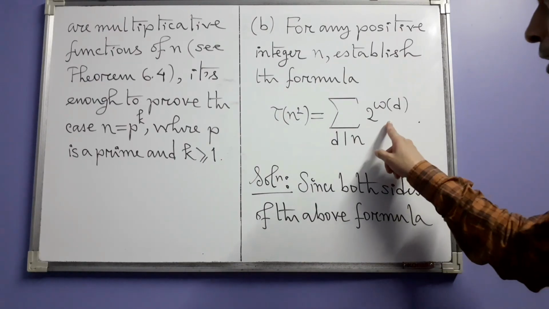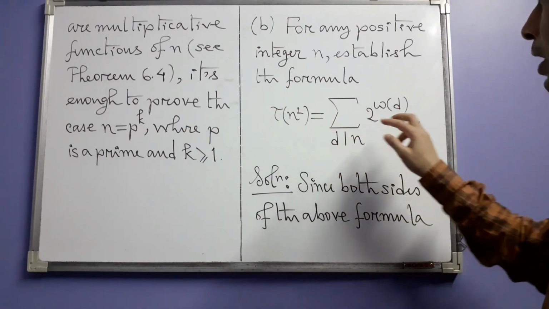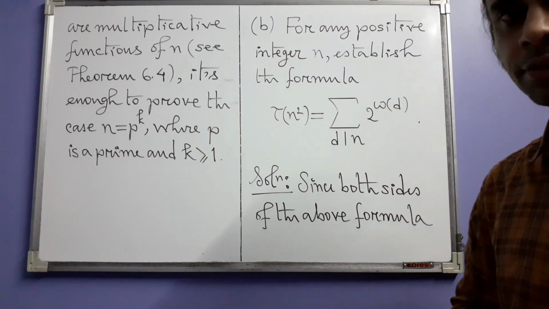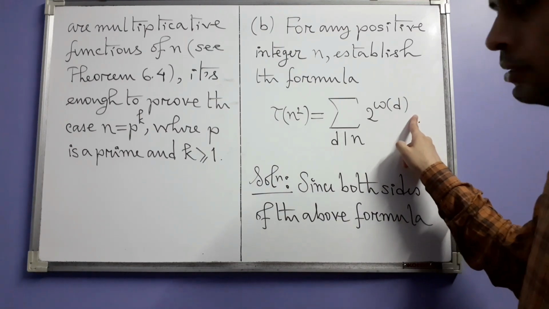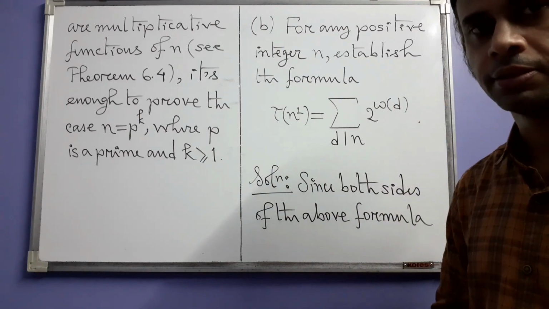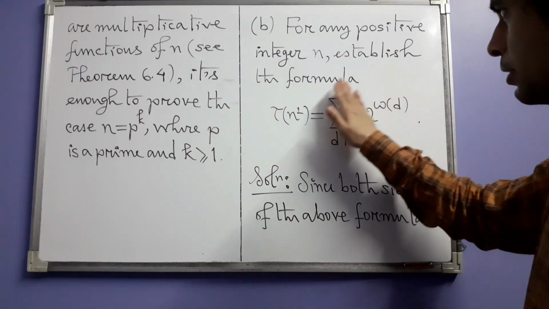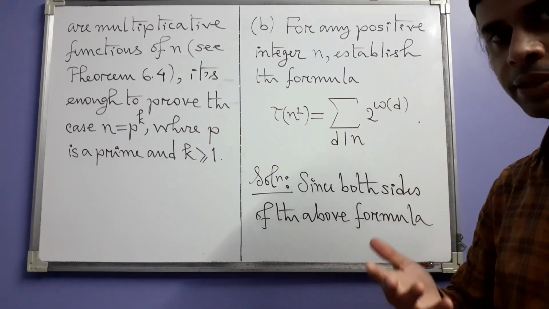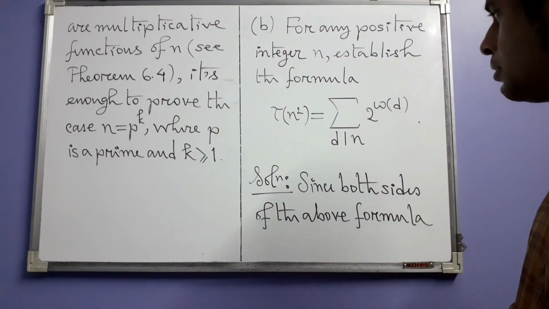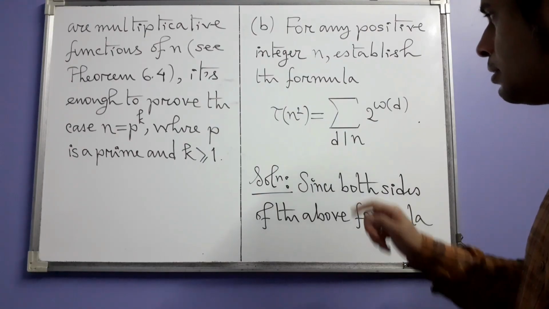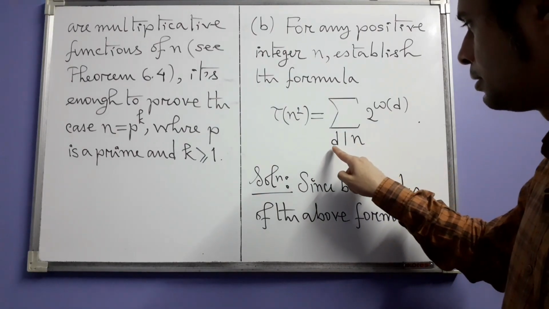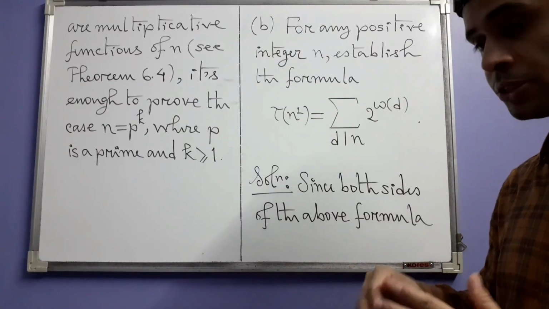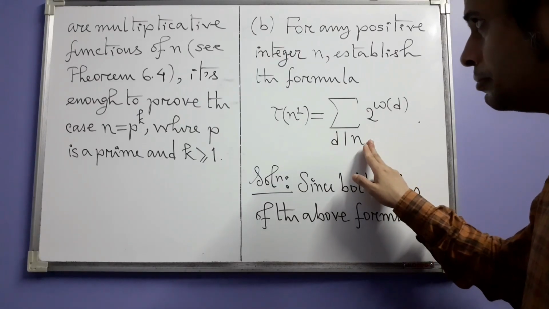But just now, freshly, you have proved in part A that this function alone, this power of 2 as a function of d, is a multiplicative function. So what you are seeing on the right hand side is a sum of a number of multiplicative functions, and the sum is such that d varies over the set of all positive divisors of n.